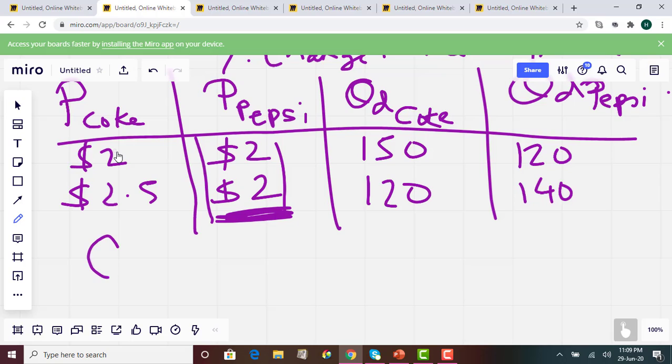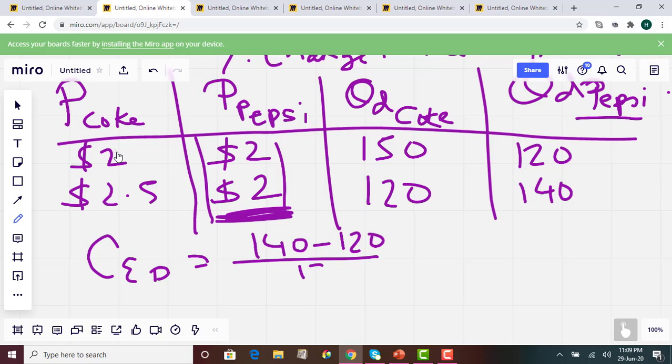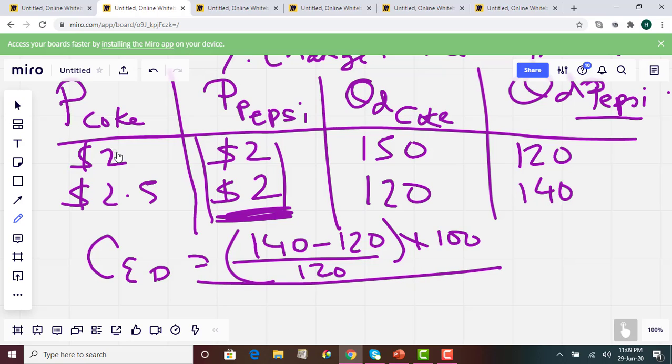We will use the formula given above: percentage change in quantity demanded of Pepsi, which is 140 minus 120 divided by 120 times 100. This whole thing will be divided by the percentage change in price of product B, which is Coke in this case. So that is 2.5 minus 2 divided by 2 times 100.